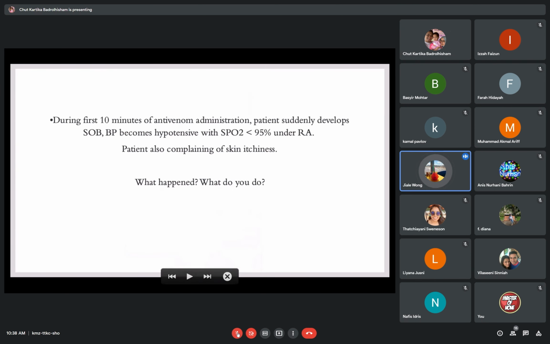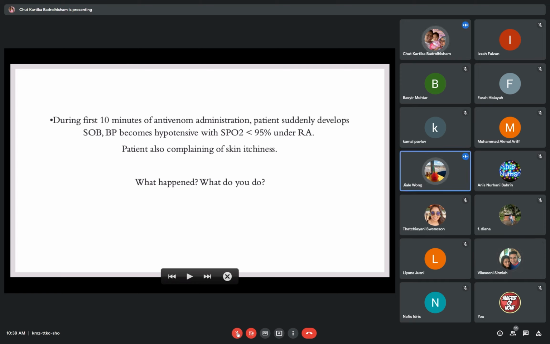So after 10 minutes of the antivenom, it looks like the patient is having allergic reactions. Do we stop and then give hydrocort? When do you declare it's allergic or anaphylactic?